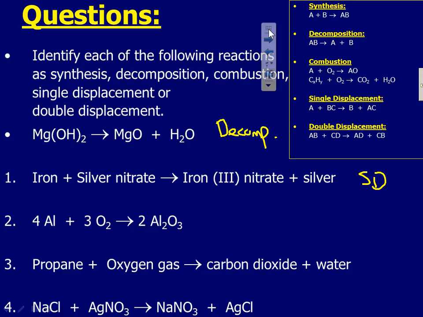Number 2. Yep. Why is that? One thing becomes 2. You're right, it's synthesis, but your explanation is a little, what's on the left? How many things on the left?